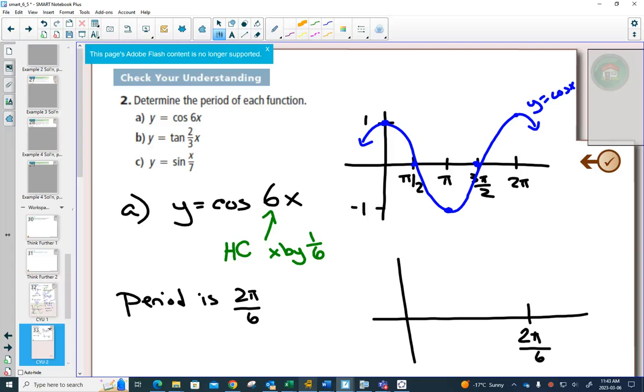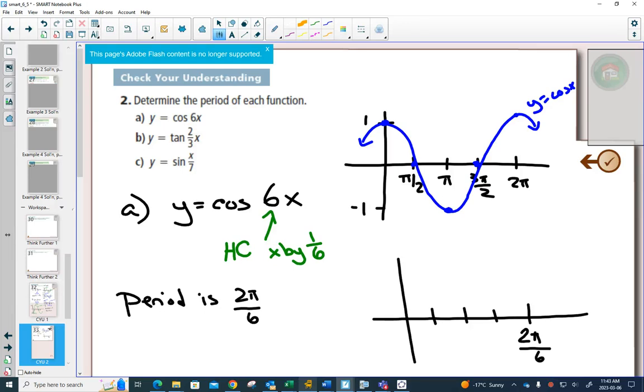Now I need to do that with each of those 4 numbers that are my axes family, but you're going to find, if I divide this into 4 equal sections, instead of multiplying each of them by 1/6, which isn't hard, you'll probably use the following shortcut. If I know the period is 2 pi over 6, the middle one is going to be the next easy one to figure out because it's going to be half of that.